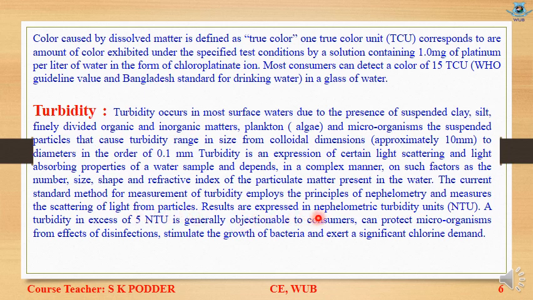Results are expressed in nephelometric turbidity units, that is NTU. A turbidity in excess of 5 NTU is generally objectionable to the consumer. That means if the value of turbidity exceeds 5 NTU, then this type of water is objectionable to the consumer.